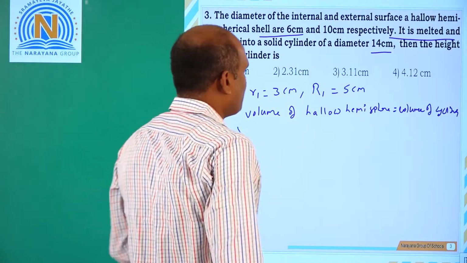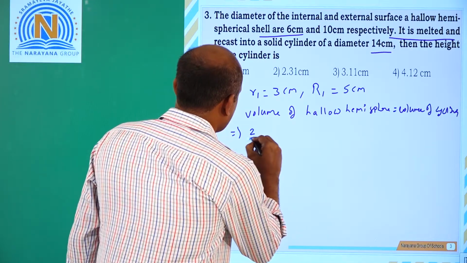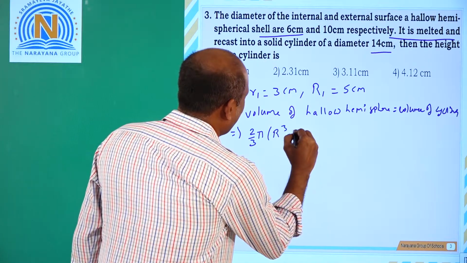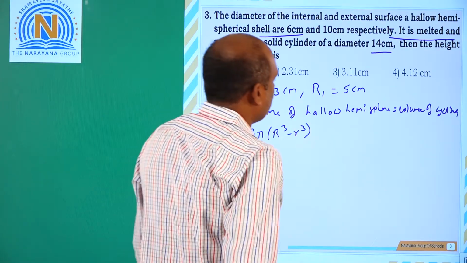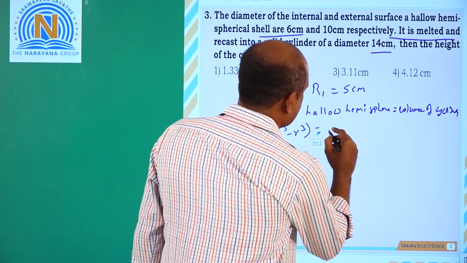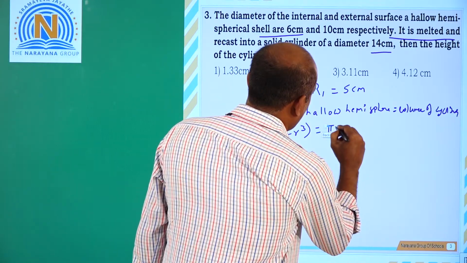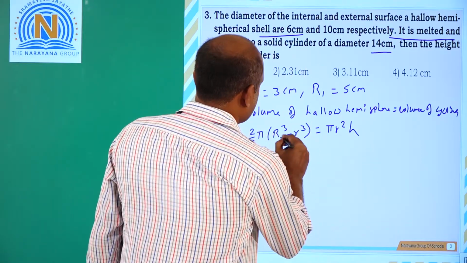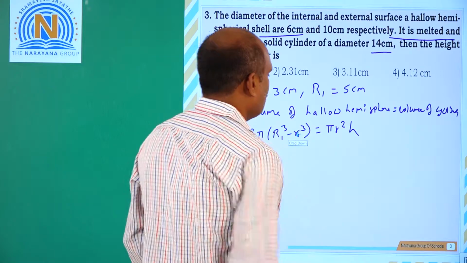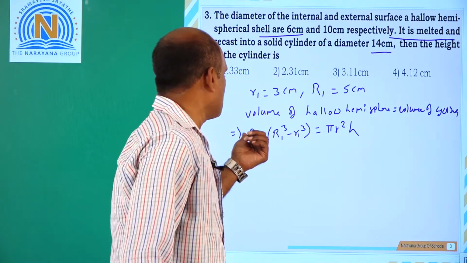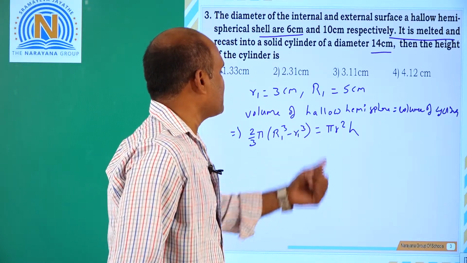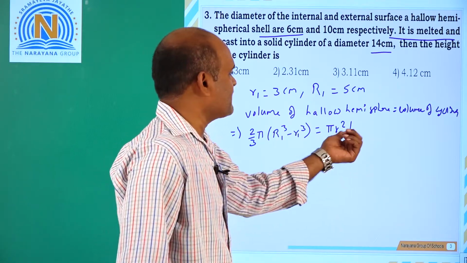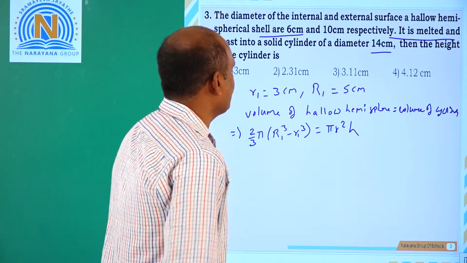So volume of the hollow hemisphere is 2/3 pi into R cube minus r cube, equal to the volume of a cylinder, pi r square h. Here, this is capital R1 and small r1. So 2 by 3 pi into R1 cube minus r1 cube is equal to pi r square h, where this r is the radius of the cylinder.